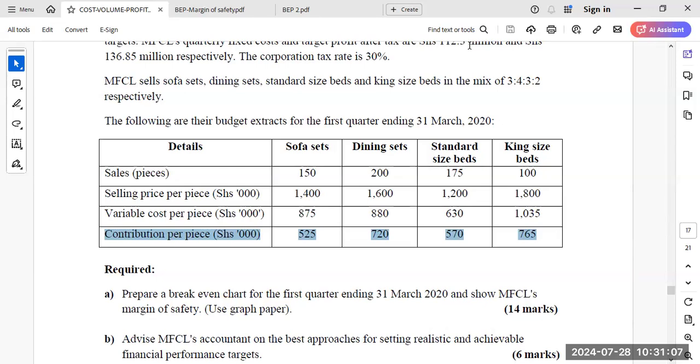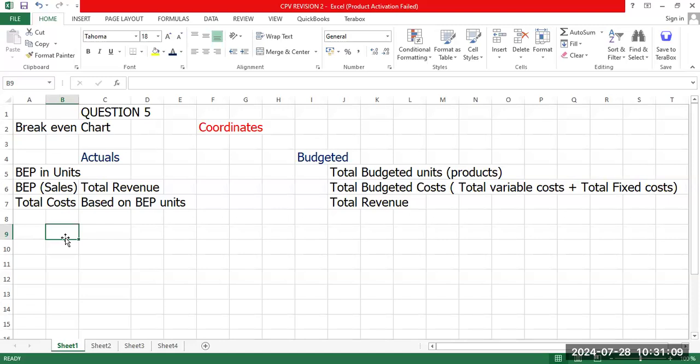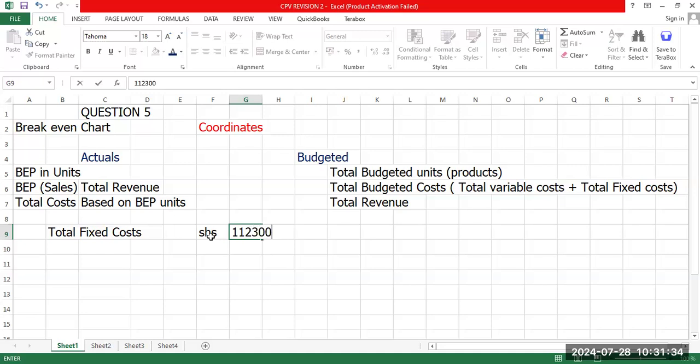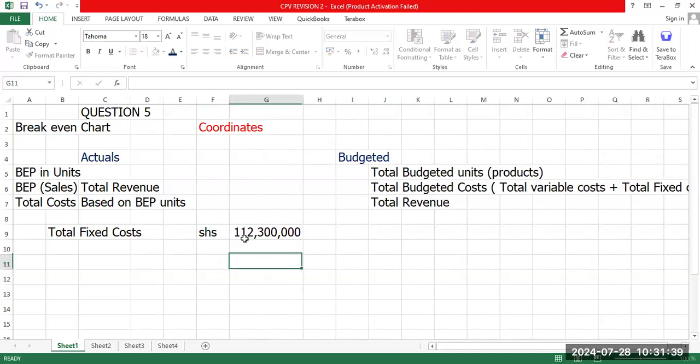So you observe that we are given the quarterly total fixed costs, and that is how much? That is 112.3 million. Let me just write the whole figure. That is the figure for total fixed costs.